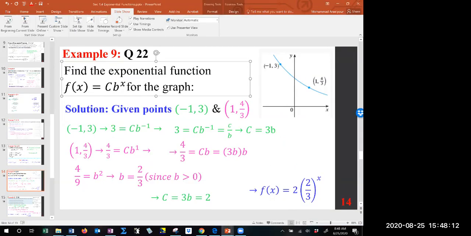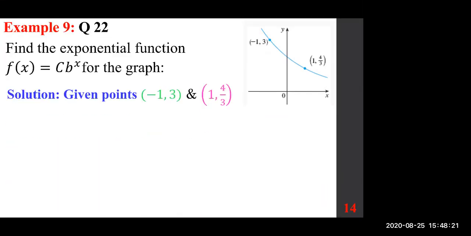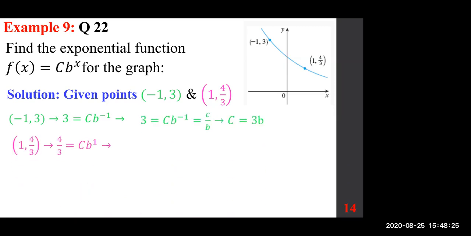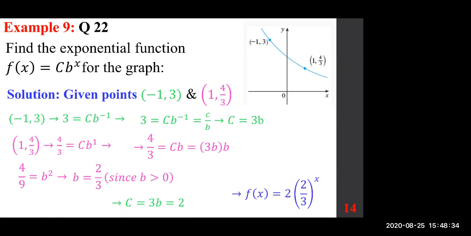You're dealing with a system of equations, but it's a nonlinear system of equations. I hope that was helpful. Again, you have two pairs and you put them into the function f of x equals cb to the power of x. You go through the process, solve, and you're done.